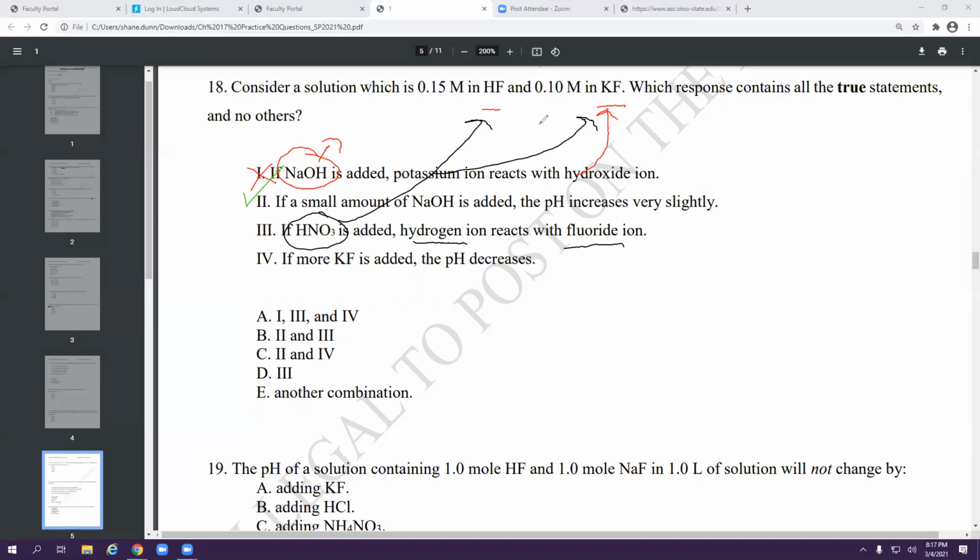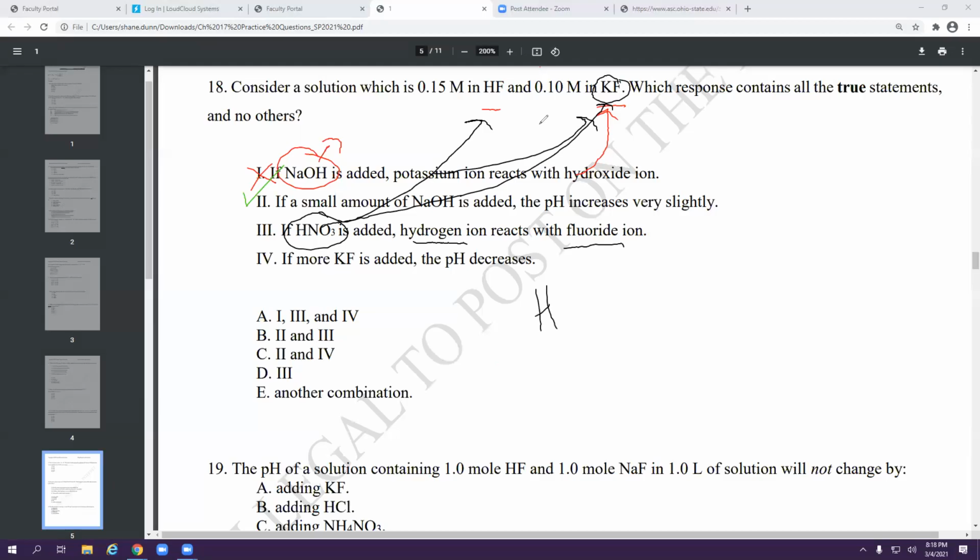So is that going to be true? Is it asking if the hydrogen ion of the HNO3 would react with fluoride? Hydrogen ions react with fluoride ions. No, it's saying this one is going to react with this, right? It's saying it reacts with the base. That's what that one is saying. It doesn't make any sense, right?